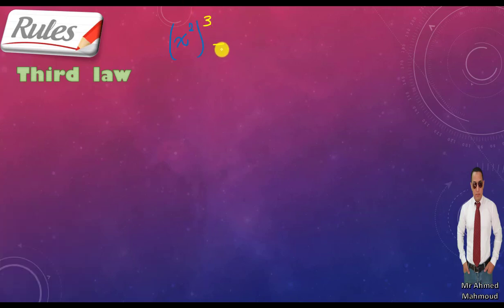It means x to the power of 2 times x to the power of 2 times x to the power of 2. Again, x to the power of 2 all to the power of 3 means x to the power of 2 times x to the power of 2 times x to the power of 2. It equals x to the power of 2 plus 2 plus 2 equals 6.